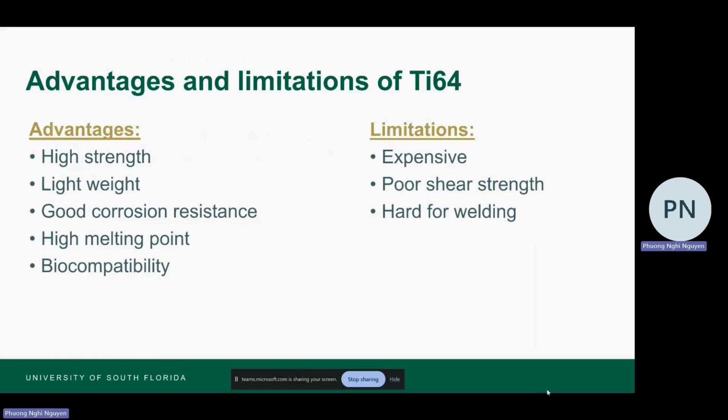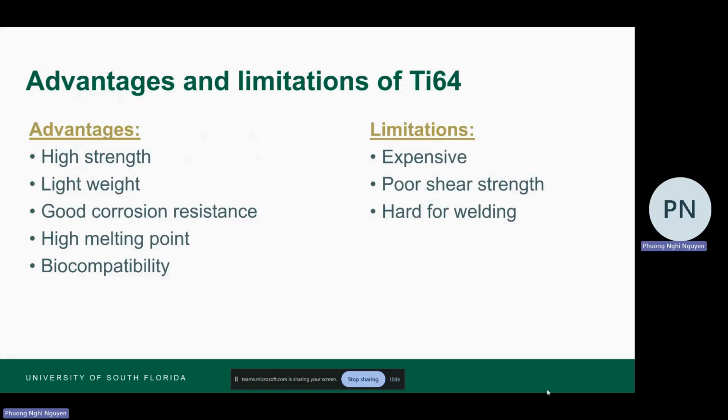So in the next slides, I'm going to discuss the advantages and the limitations of Ti64. About the advantages, this material is a high-strength material with low density, providing a good strength-to-weight ratio.